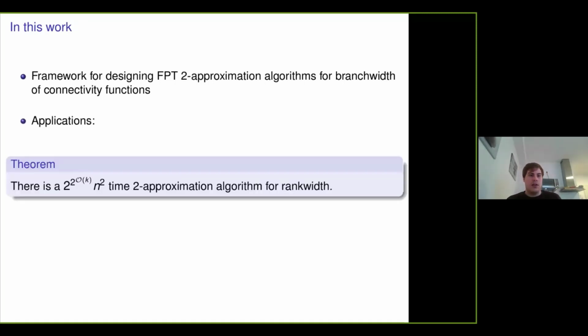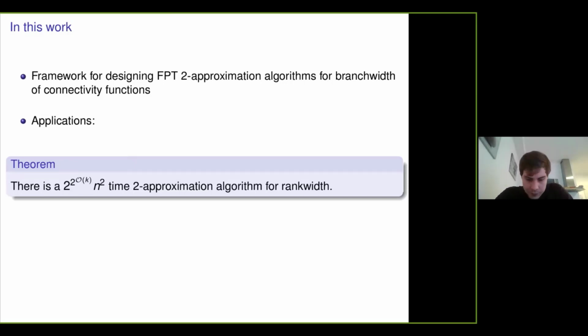So the first application is a two-approximation algorithm for rank width of a graph that also, of course, outputs the corresponding rank decomposition, with time complexity quadratic in n, the number of vertices, and double exponential in k, the rank width.